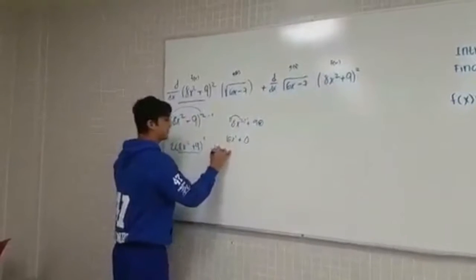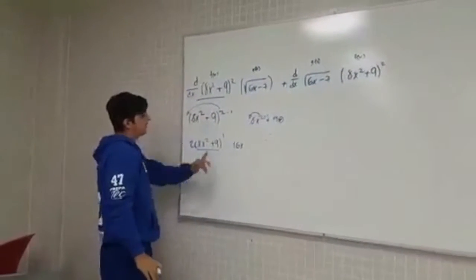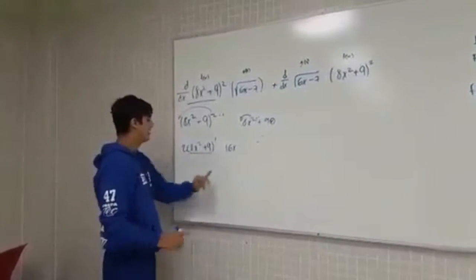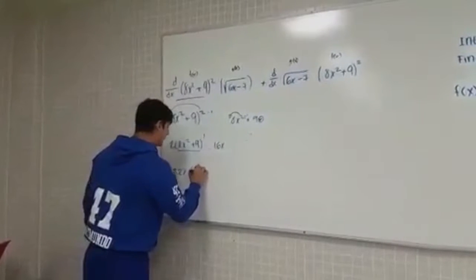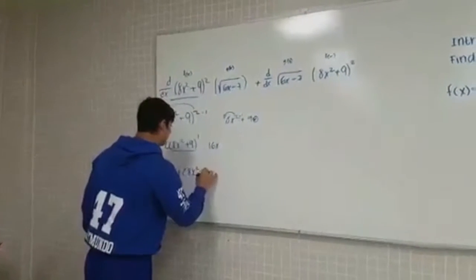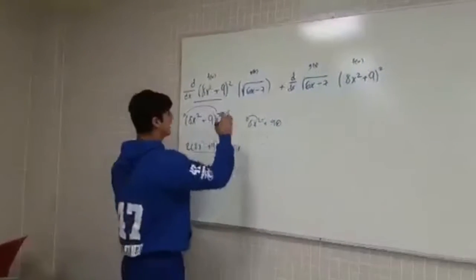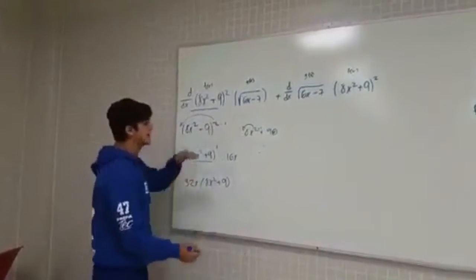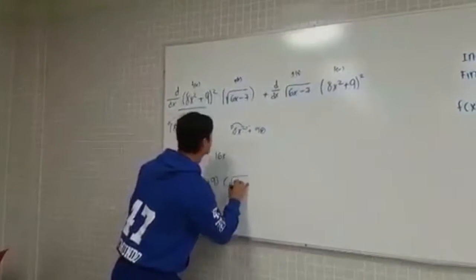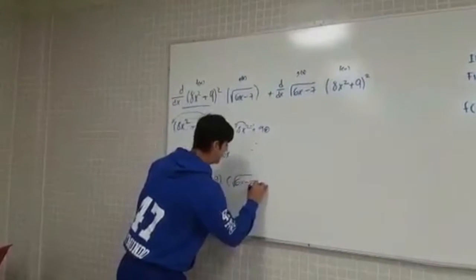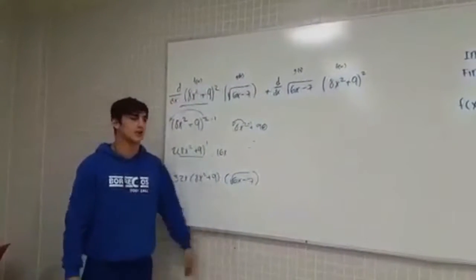And we have here the derivative of the inside, and we have to multiply it here, so it is 32x(8x² + 9). So we have it here. And the next step is to multiply it by the original of g of x. And this is the first step for the product rule.